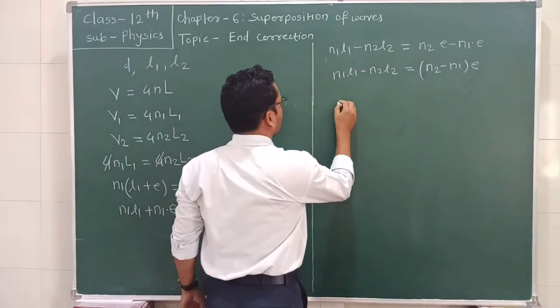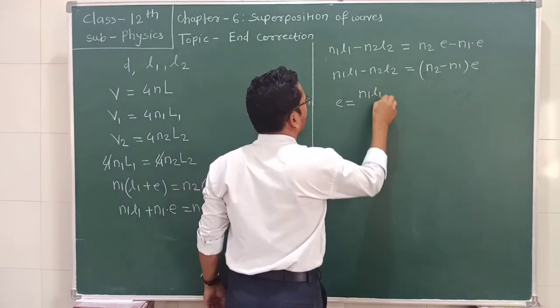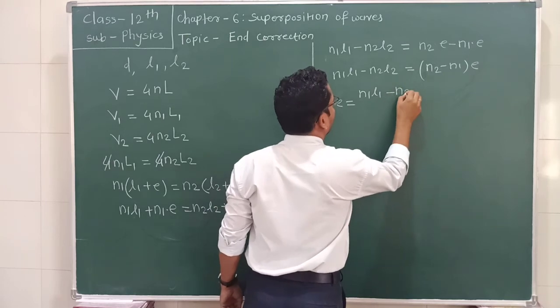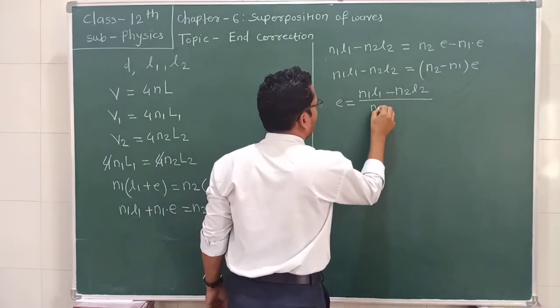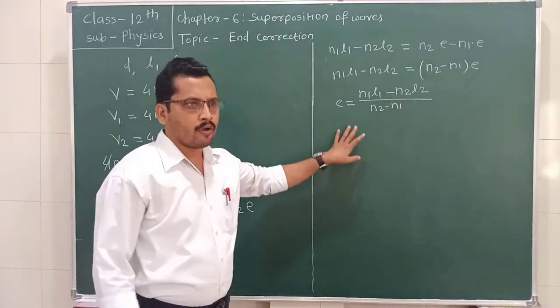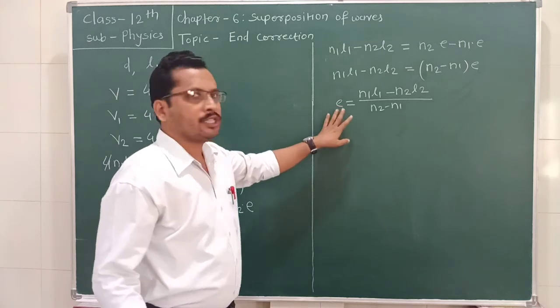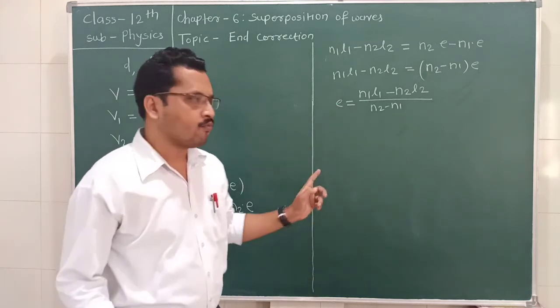So here E is equal to N1 L1 minus N2 L2 divided by N2 minus N1. So this is the formula for the estimation of end correction when the pipe is closed at one end.